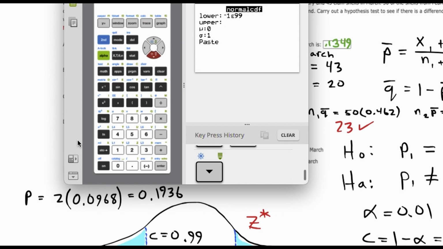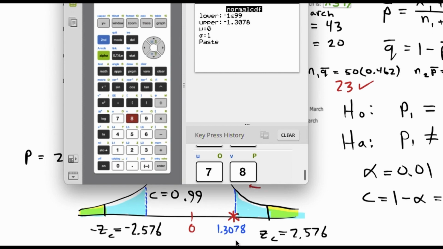Then for our upper bound, I'm going to put in negative 1.3078. So that was the Z star I got, but I made it negative because I just want the left tail for now. Alternatively, you could go from positive 1.3078 to infinity, which is effectively 100 or 1,000.